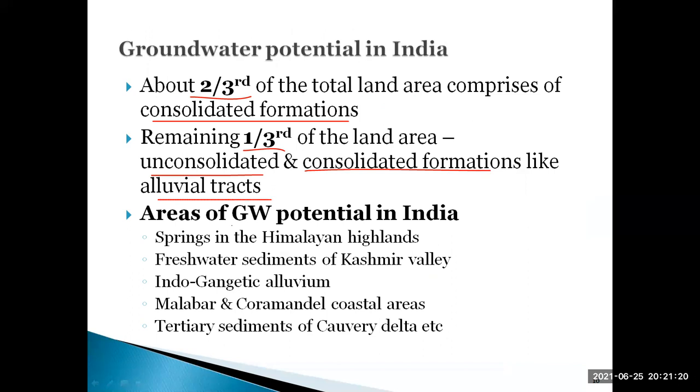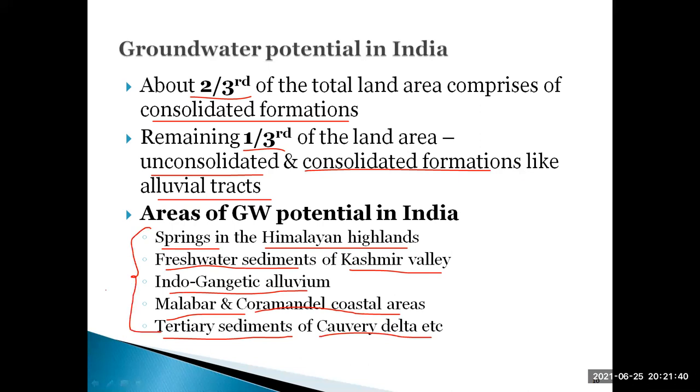The areas in which groundwater potential is available in India are springs in the Himalayan highlands, freshwater sediments of Kashmir Valley, Indo-Gangetic alluvium, Malabar and Coromandel coastal areas, and tertiary sediments of Kaveri Delta.